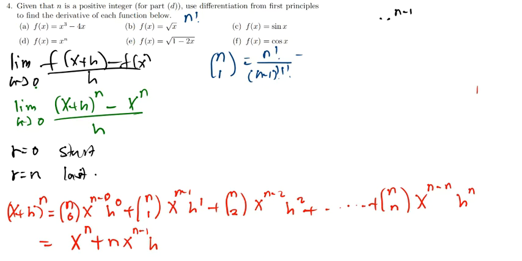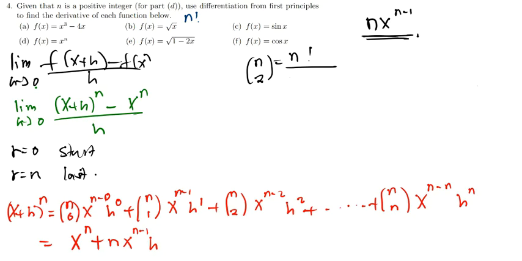So the next one, guys, is n choose 2. So it is n factorial divided by n minus 2 factorial times 2 factorial, and this one I can also reduce.